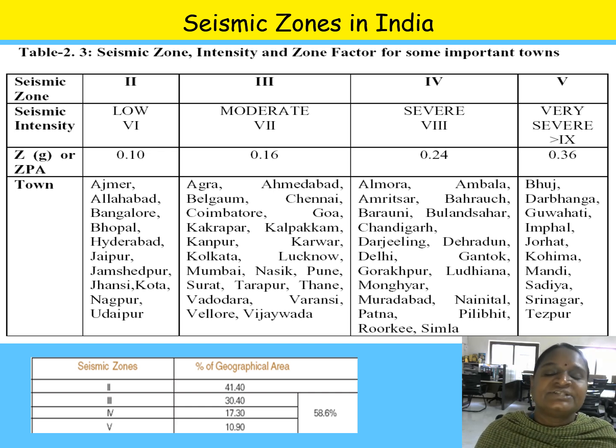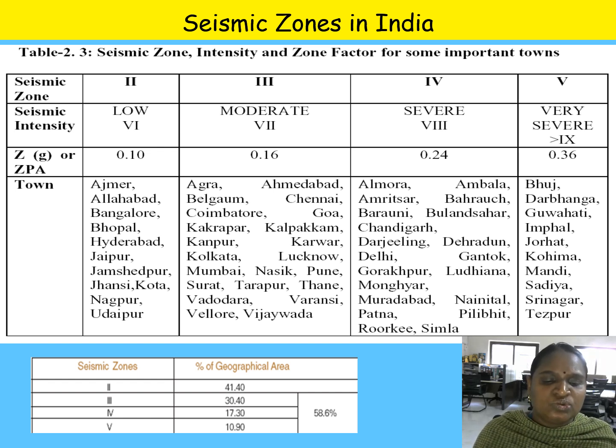If it is seismic zone 2, then the seismic intensity will be low and the zone factor is 0.1, and these are some of the important cities that fall under seismic zone 2. In seismic zone 3 the seismic intensity will be moderate and the zone factor will be 0.16, and these are the towns that fall under this category.